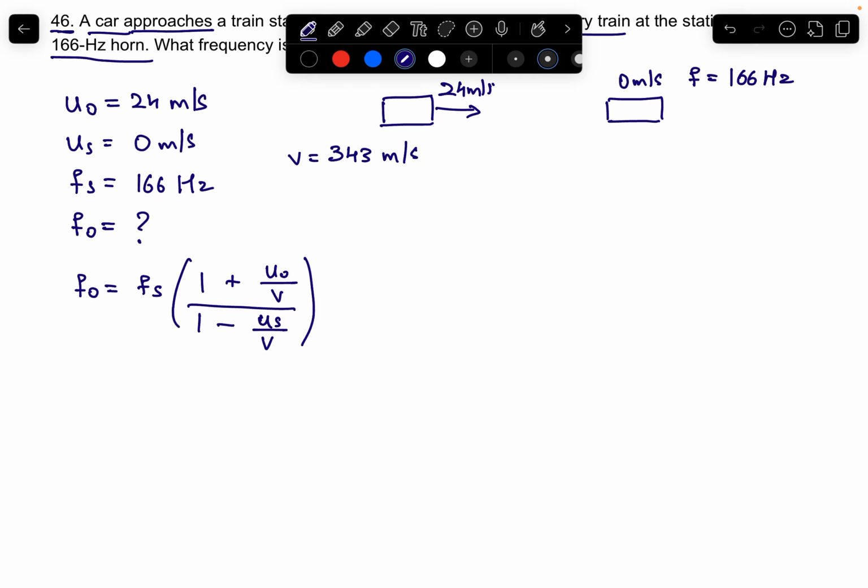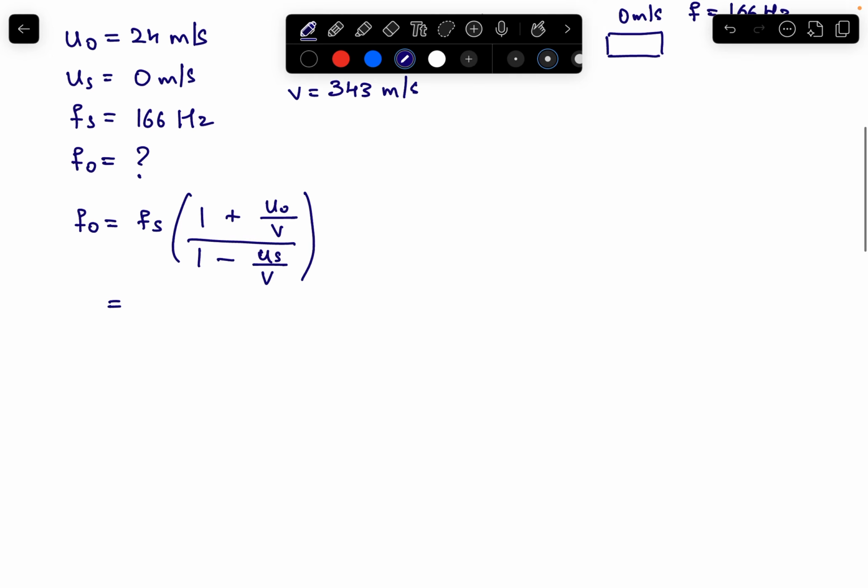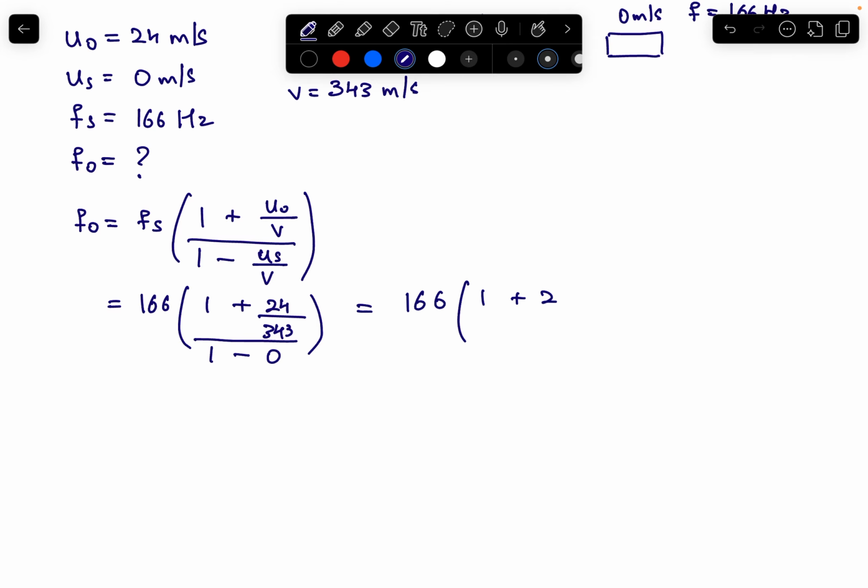So solving this equation for our situation here, we get 1 plus 24 divided by 343, and this becomes 1 minus 0. So this is 166 times 1 plus 24 by 343.